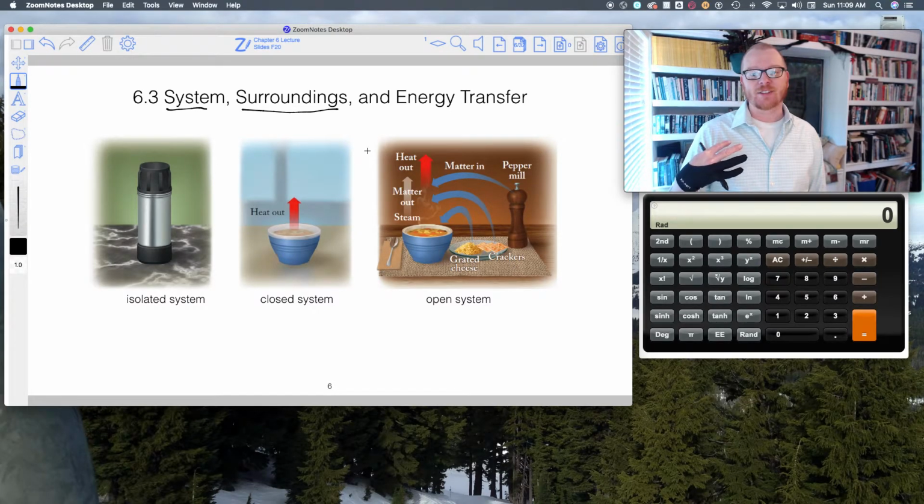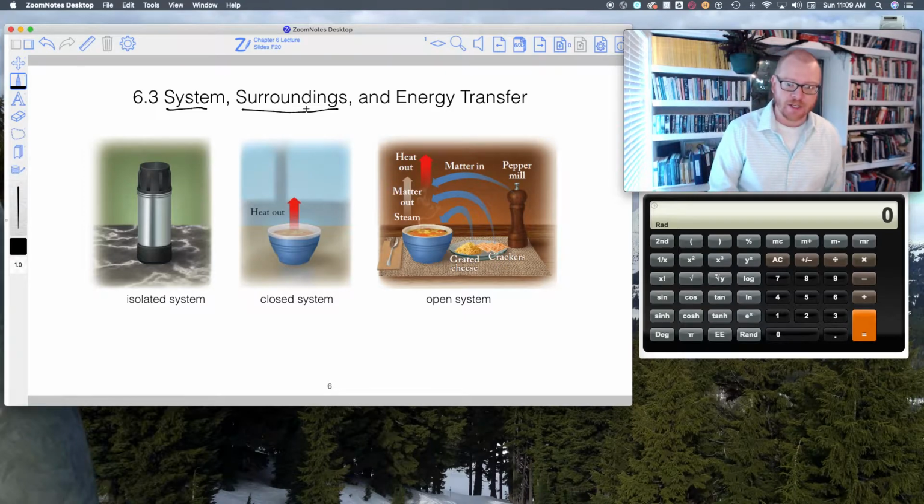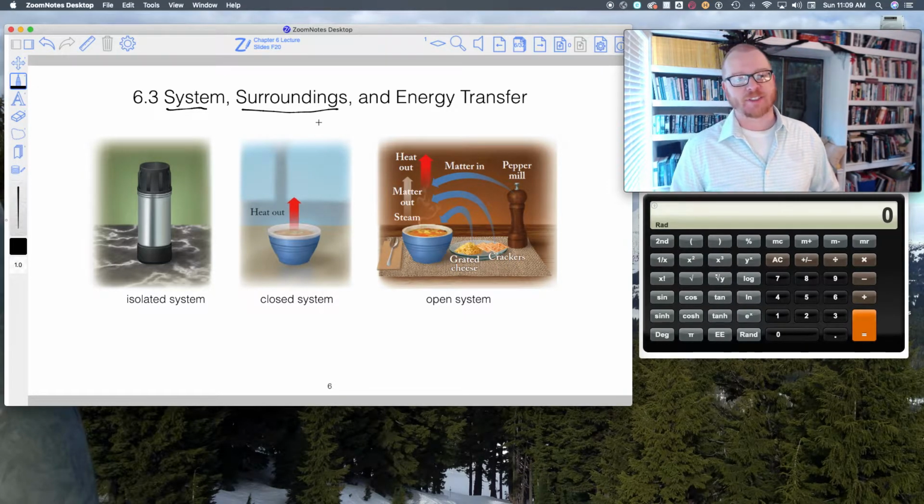From what lens are we viewing this? And the way we view that is system and surroundings. So in chemistry, it's all about the system. Okay? We are always defining what we can measure as the system. And there are several types of systems.